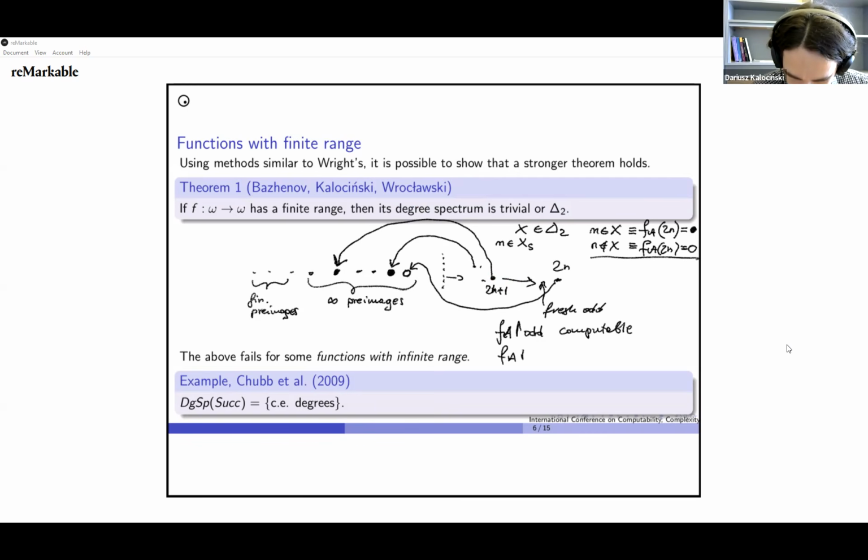And the restriction of f_A to even numbers will be Turing equivalent to X. This is what we call the pushing to the right technique. This was the technique used by Wright, and it will have more complicated versions further in the talk.